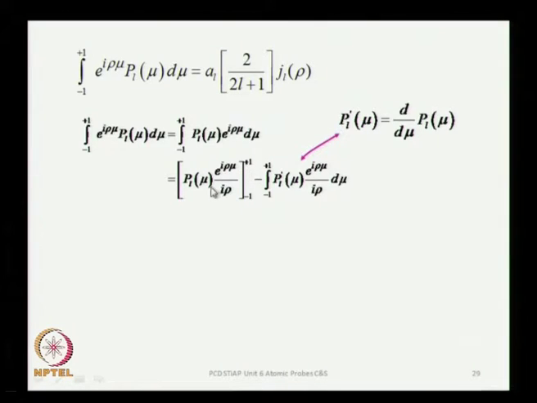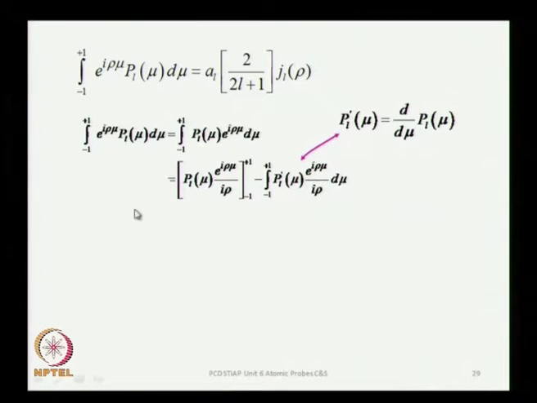So, you get P_L(mu) e to the i rho mu over i rho between the limits -1 and +1, then you have to subtract from this the integral of the derivative of the first function, which is dP/d mu, right, and the integral of the second function, which is e to the i rho mu over i rho.